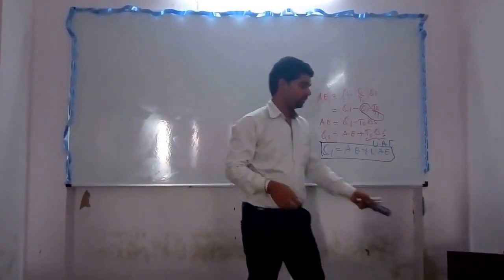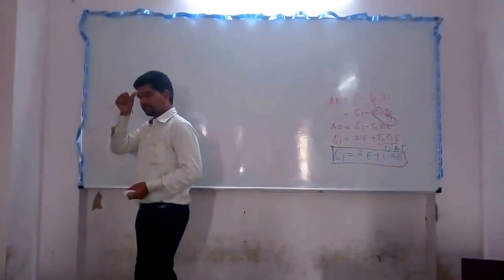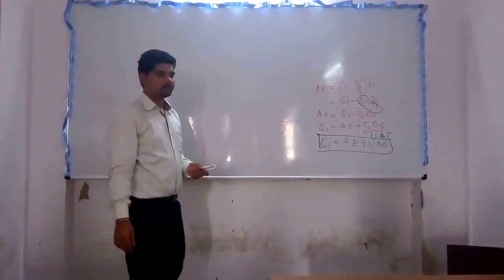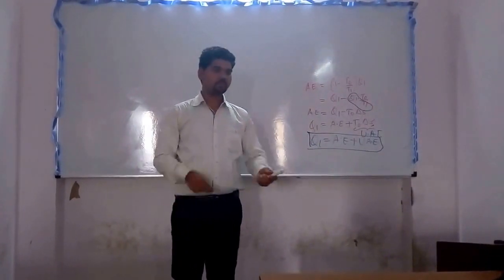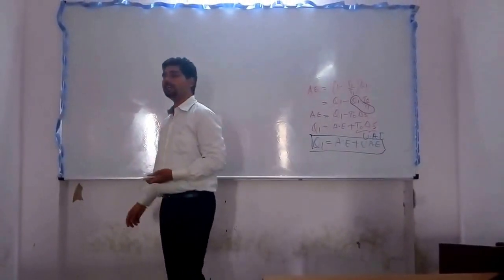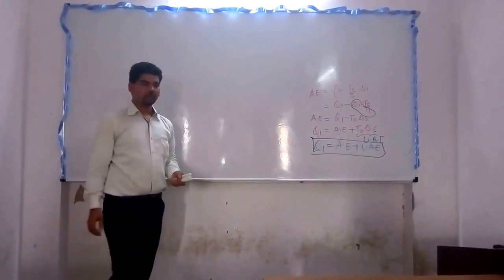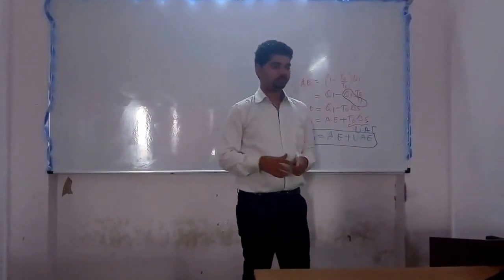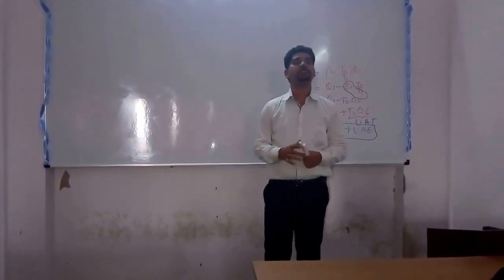QR is equal to T naught into delta S, which gives unavailable energy. That is the area under the curve below the atmospheric temperature line.